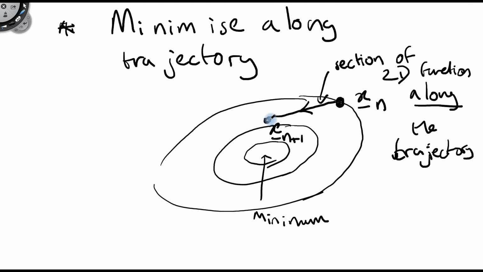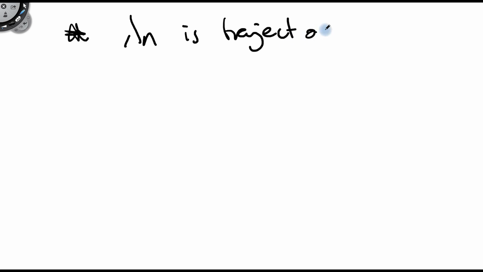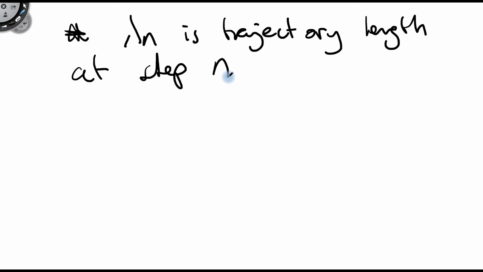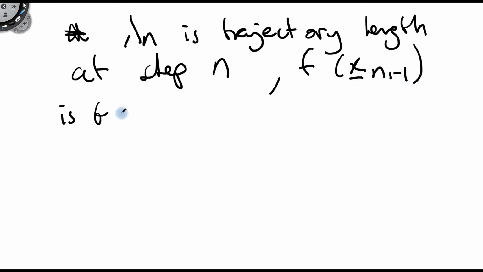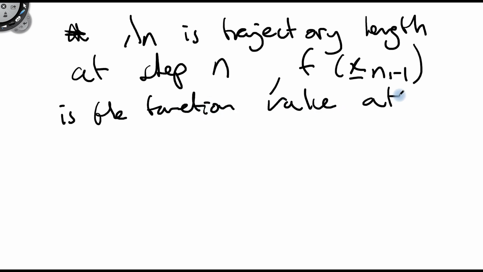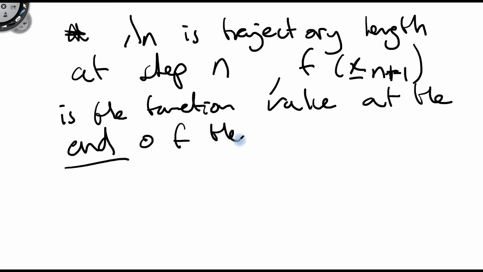So let's write down what that minimization means. Lambda n is the trajectory length at step n. F of x of n plus 1 is the function value at the end of the trajectory.